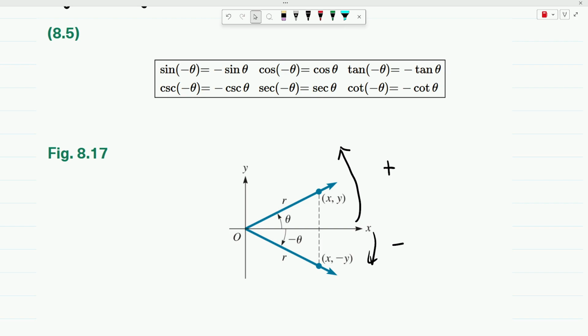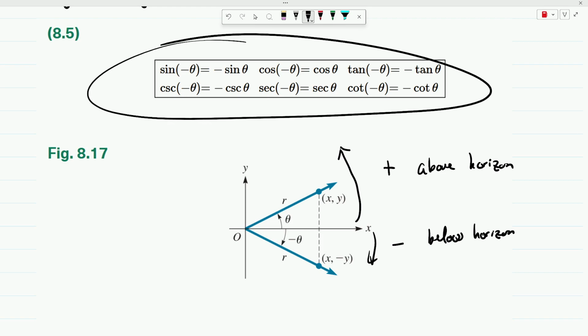The cosine of a negative angle is equal to cosine theta. Tangent of a negative angle equals negative tangent theta, and so forth. So depending upon if you are above the horizon or below the horizon, you would just use this chart above to algebraically fix your problem so that it meets the needs that you have.